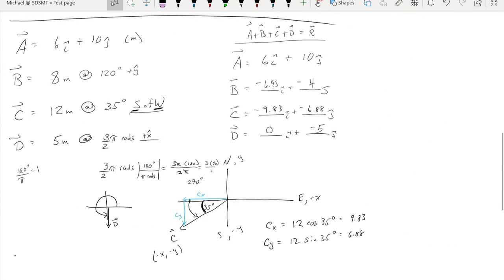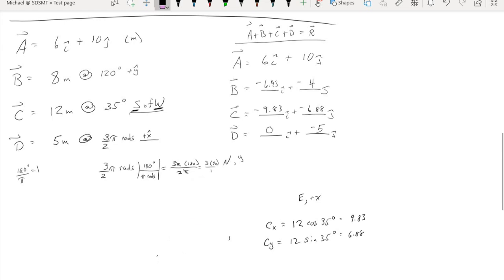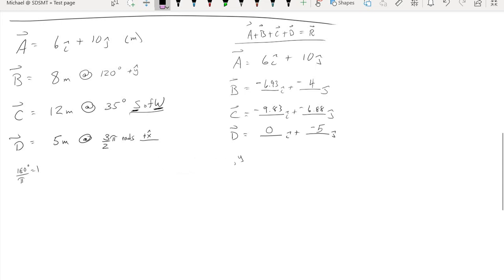Okay, we're ready. We can now do any combination of these vectors that we can dream up. Technically, I think there would be 8 different possible combinations of combining these vectors just by switching out the plus and minus signs in the front.